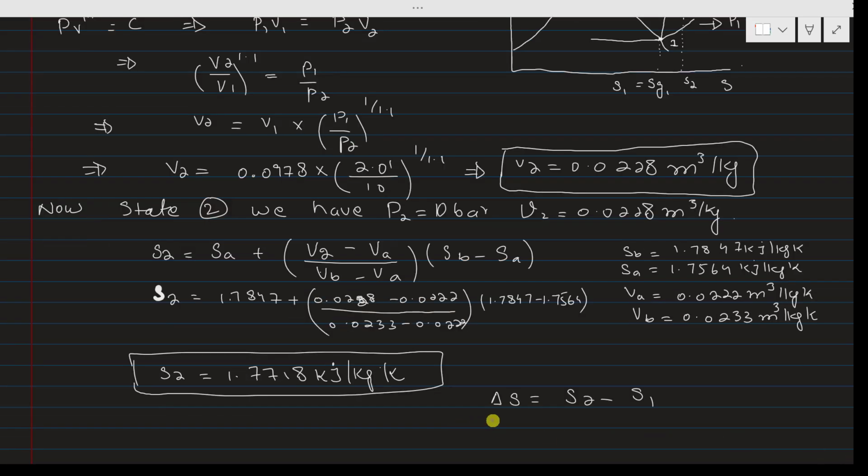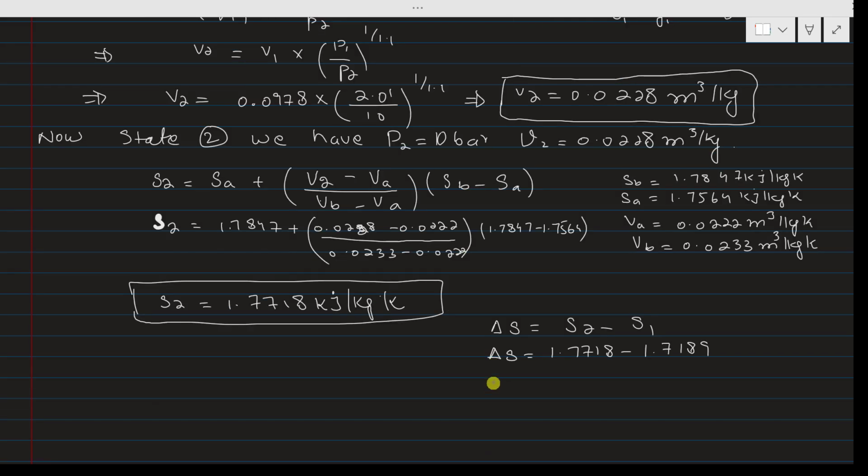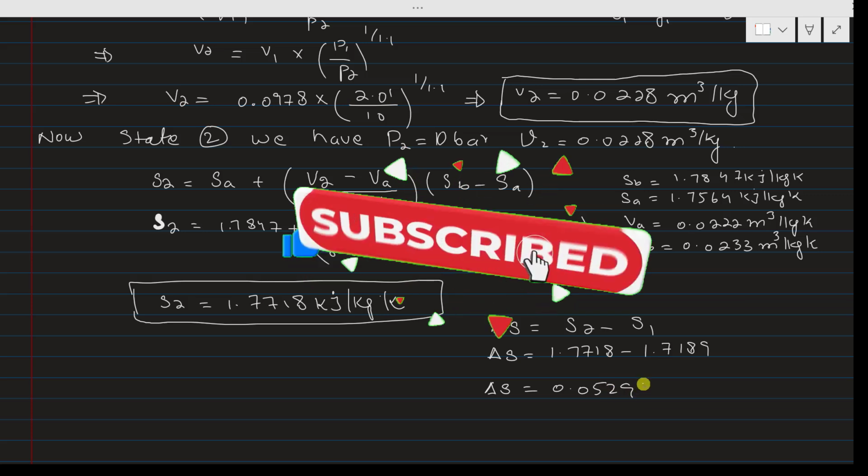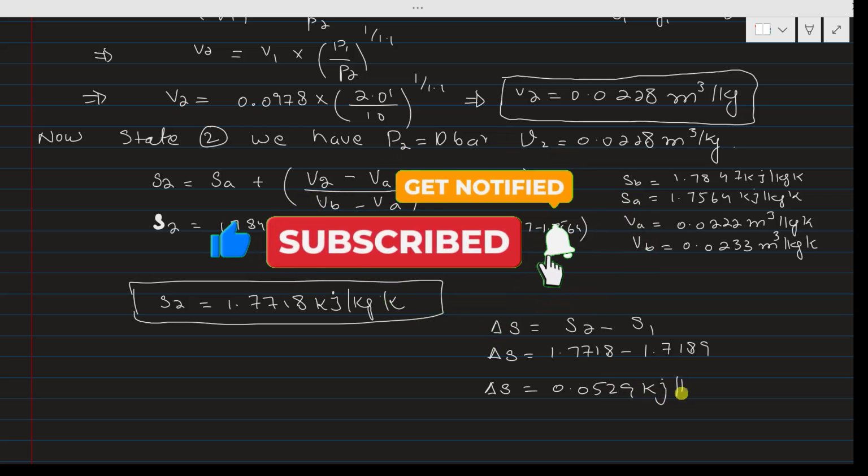What was the S1 value determined previously? So S2 value 1.7718 minus S1 value 1.7189. After simplification you will see that the change in entropy is equal to 0.0529 kilojoule per kg Kelvin.